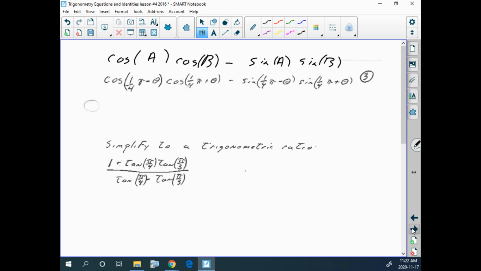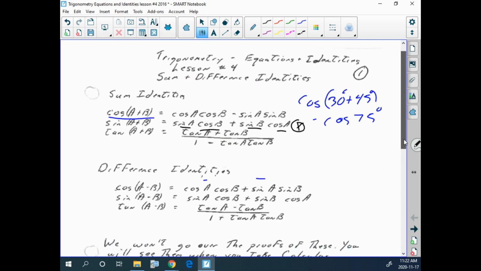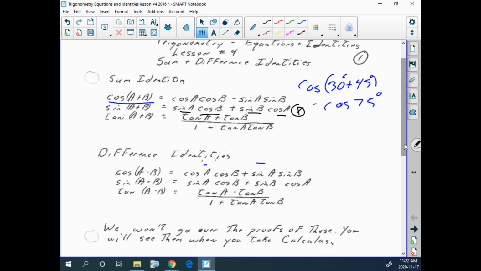So I can think of it like this. Do I have an identity for cos A, cos B minus sine A, sine B? There's my identity. It's the sum identity for cosine.